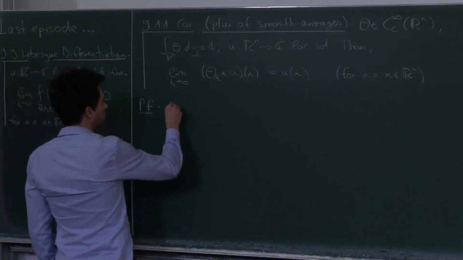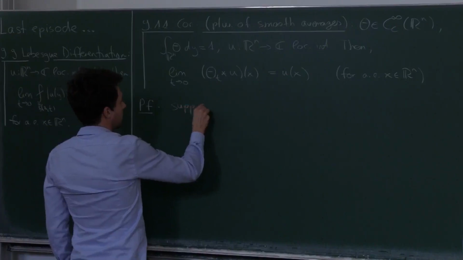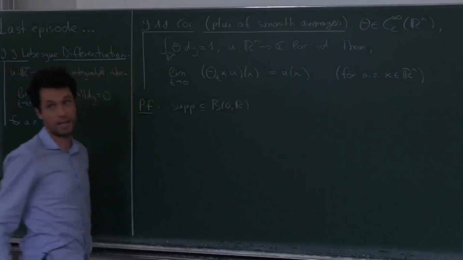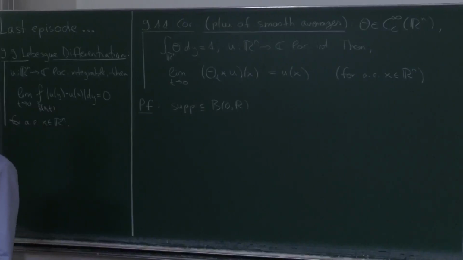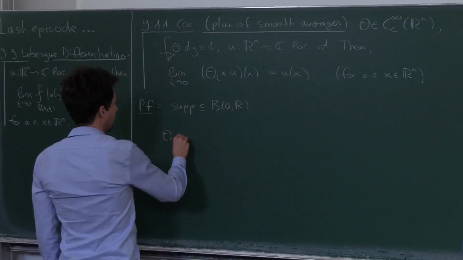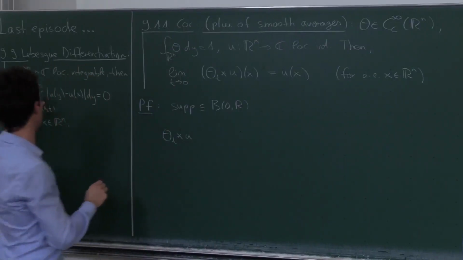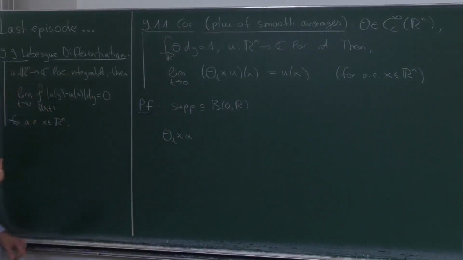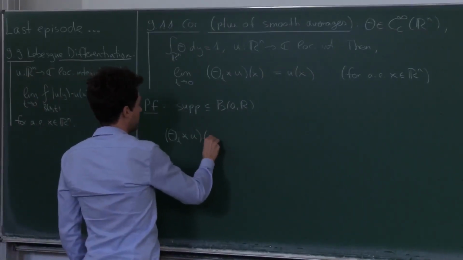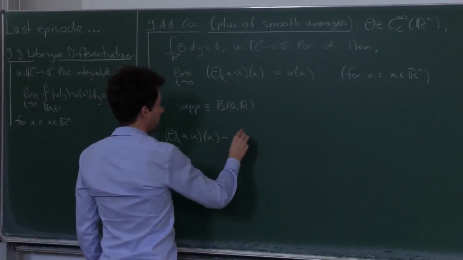Let's suppose that I just pick a ball of some large radius around the origin that's going to contain the support of my function, and then I just start estimating, a little bit similar to why this in fact was a stronger statement than proving convergence of the averages almost everywhere.